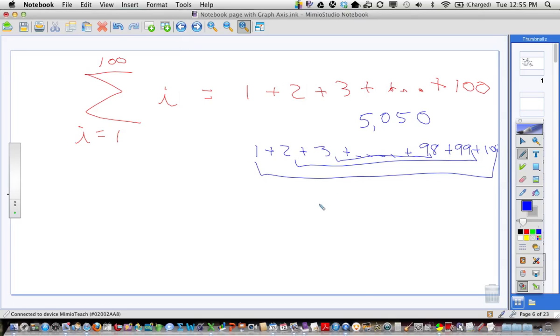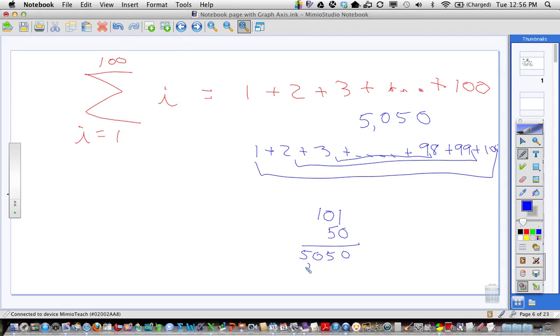Each pair adds up to what? How many pairs? 101 times 50 is, now if he's a first grader and can multiply, I don't know. So maybe he was a smart kid.